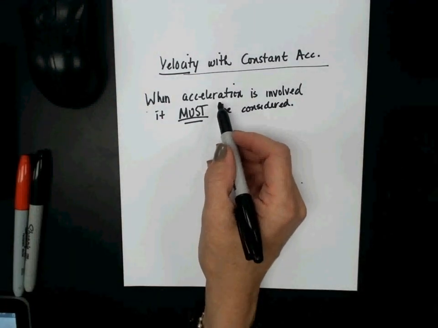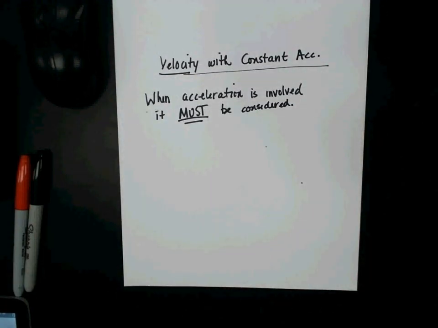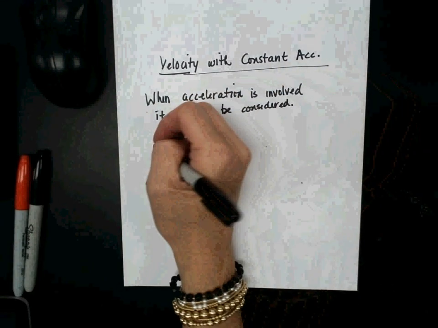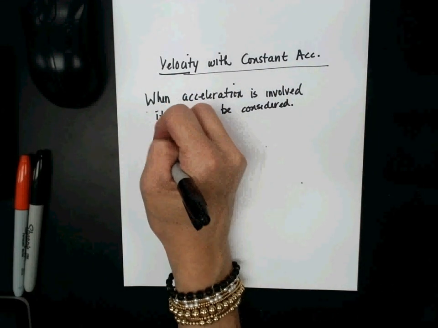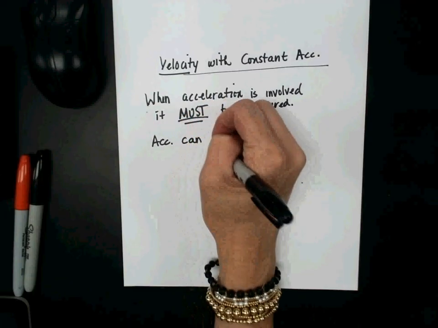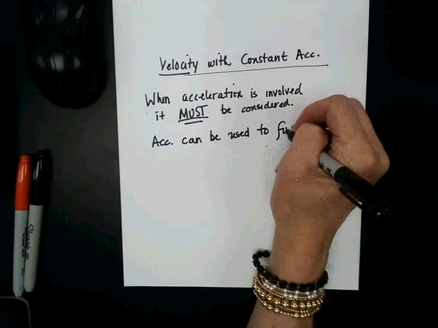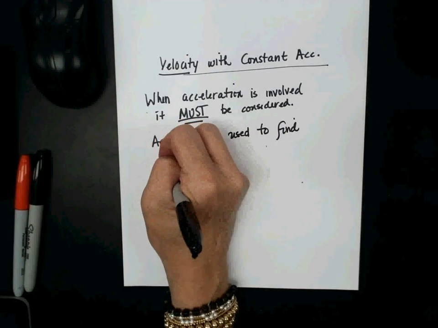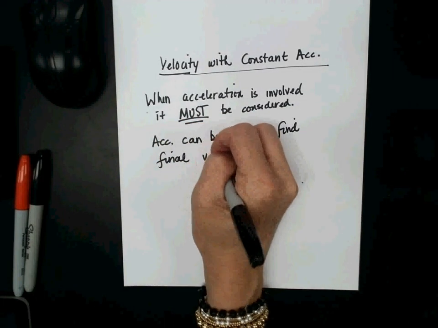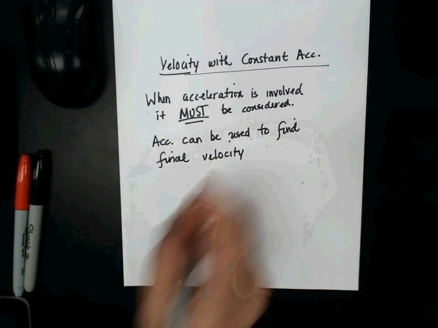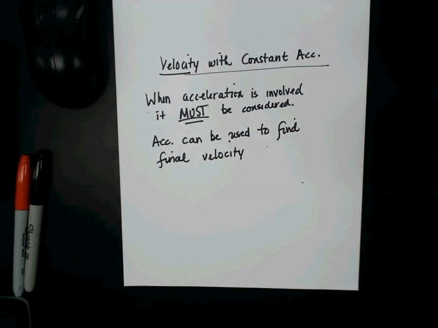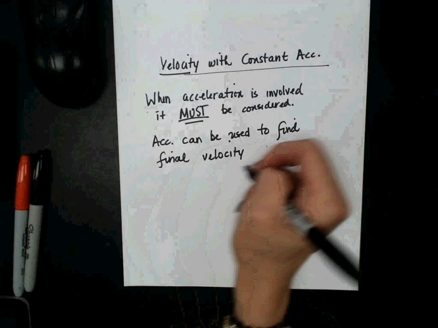Why do we have to consider acceleration? Because it affects everything else, right? It affects my final velocity, which is the foundation of what most of the formulas are built upon. So if it's involved, I can say that acceleration can be used to find final velocity of your object.